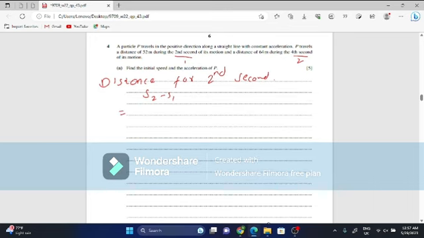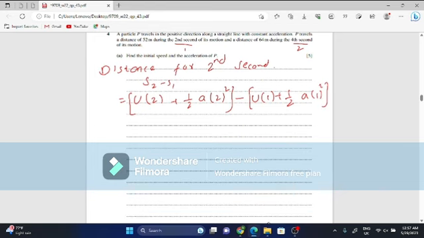that is equal to, I can consider the equation of motion, that is ut plus half at squared. So u times t, because it's the second second, so 2 seconds, plus half of a, which is unknown, and again t would be 2, minus s1, which is u times 1 plus half a times 1 squared, because for s1 the time is 1 second.